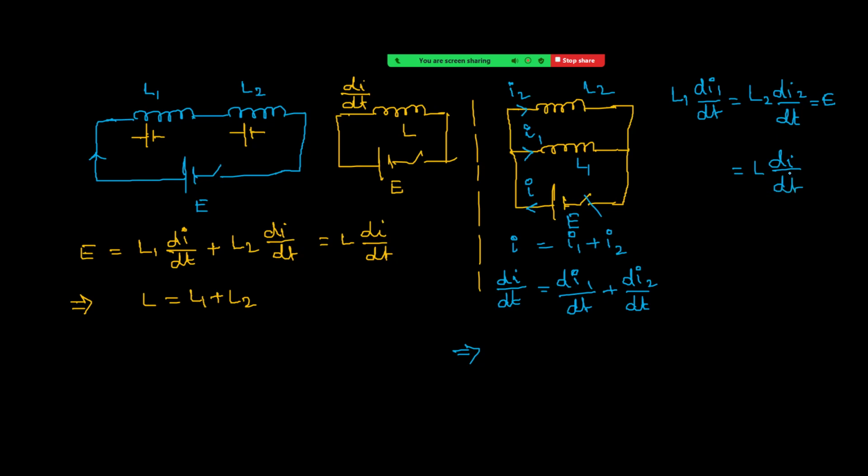So in place of di by dt I can write E by L, and writing E by L1 and E by L2 here, see what we get: 1 by L equals 1 by L1 plus 1 by L2. So this is the equivalent inductance when inductors are connected in parallel to an ideal battery. Okay, let us see the next problem.